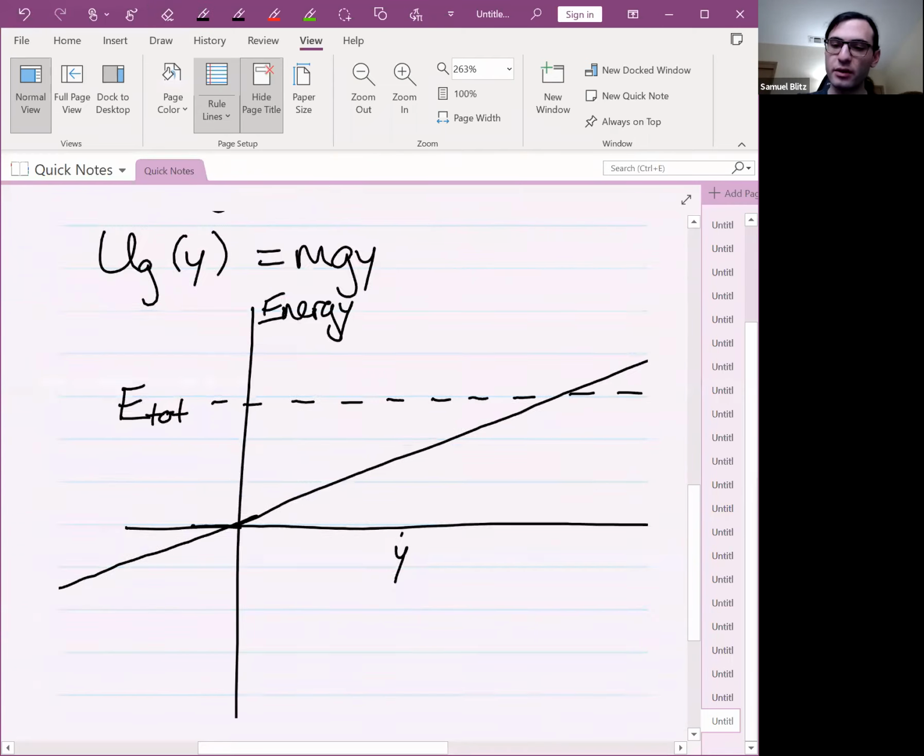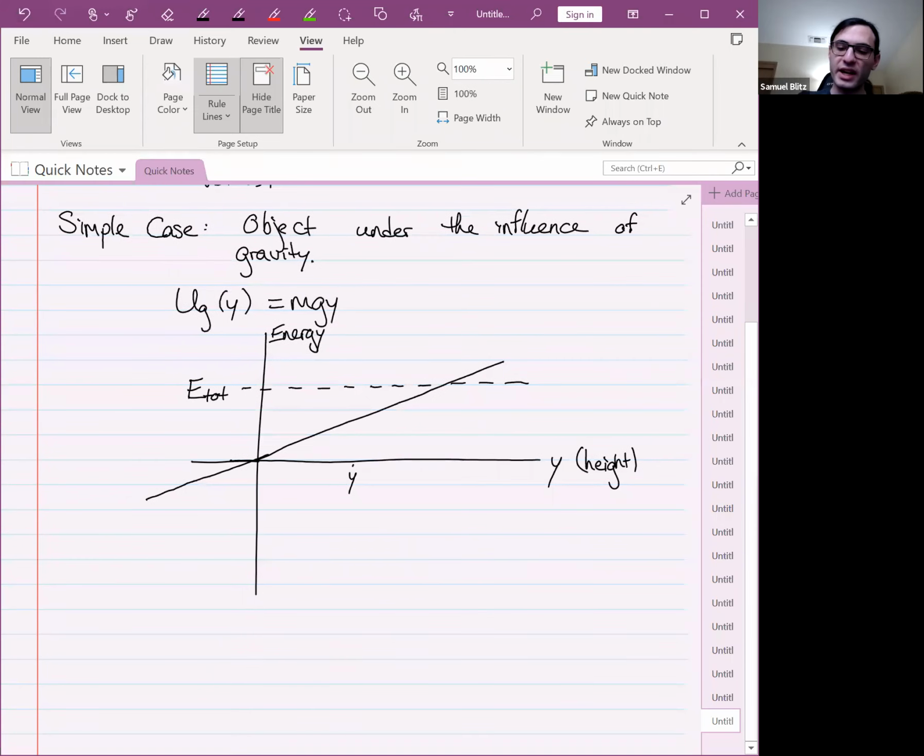So what we can establish is that this amount here would be the potential energy, however much it has at that height, and this amount, let me use a different color, this amount is the kinetic energy, because the total energy is just the sum of the two.